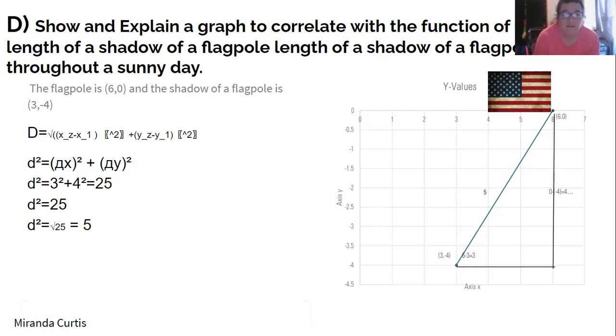So then we fill in our coordinates, and we get d squared equals 3 squared plus 4 squared, which equals 25. Then we take the square root of 25, which gives us 5. So 5 is the long distance right here. That's where our 5 comes in. And then down here, we do 6 minus 3, which gives us 3 on our x-axis. And on our y-axis, we do 0 minus 4, which gives 4 in magnitude.